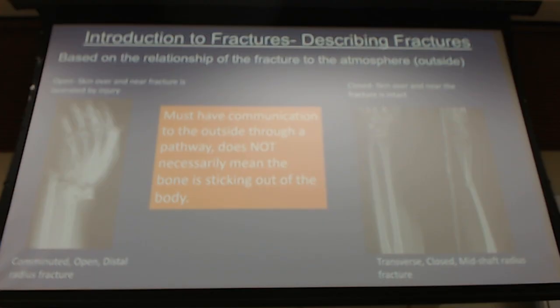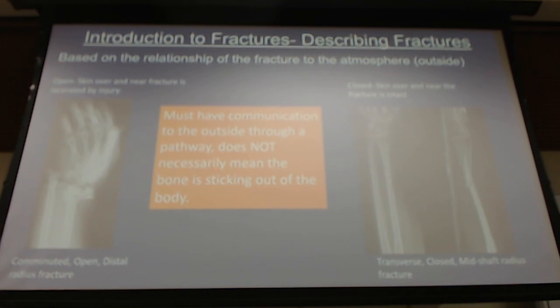What we do not want you to do in your practice is go exploring, poking things through the wound to determine if it communicates with the fracture site. That's something that we do in the operating room, definitely not in the clinic.